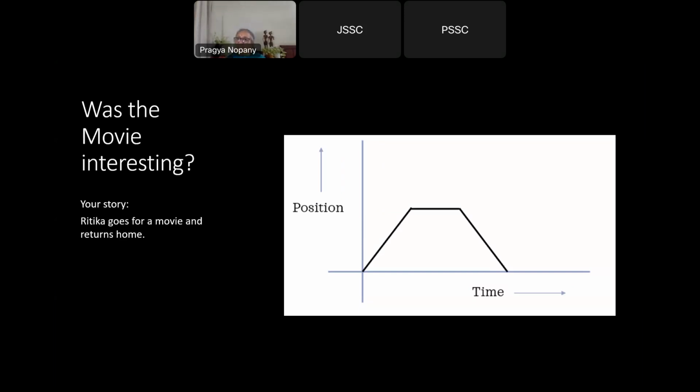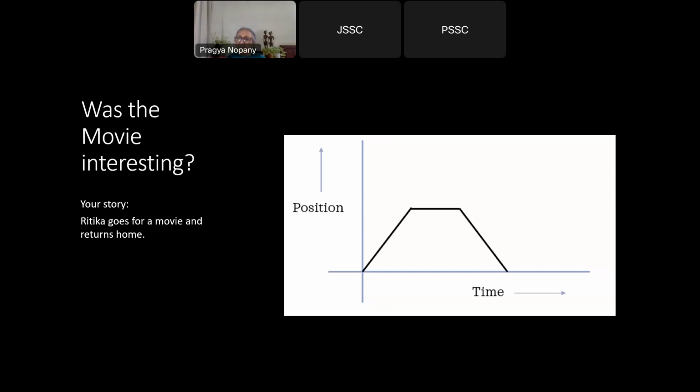By looking at this graph, can you answer the question, was the movie interesting? If someone says that Ritika goes for a movie and watches it and returns home. So Prasunji, why are you saying that you cannot answer this question? Would you require more information? And if you require more information, what information would you require?